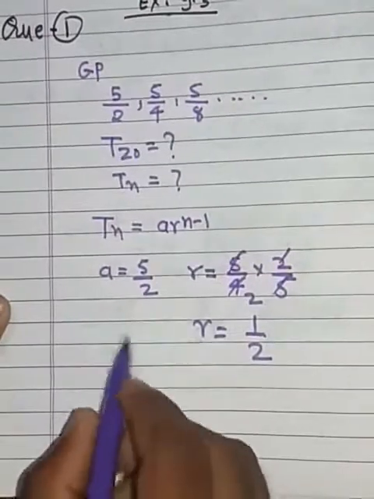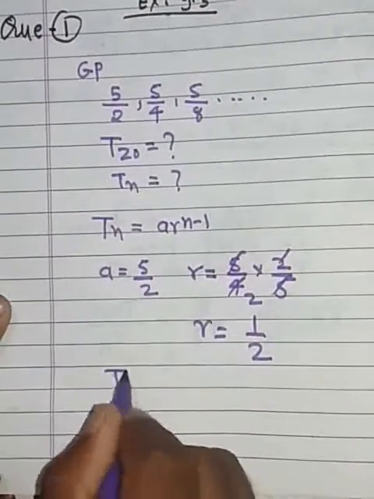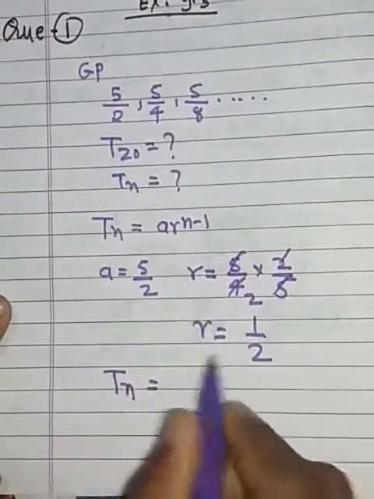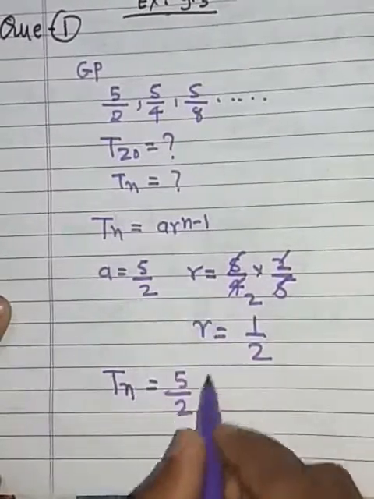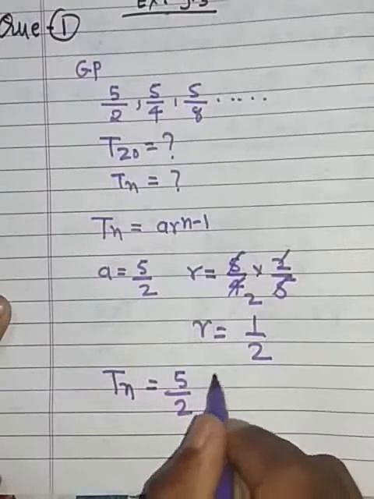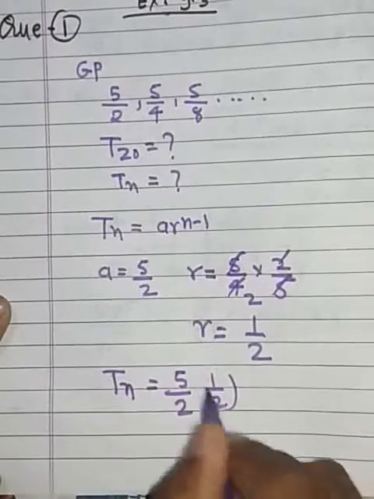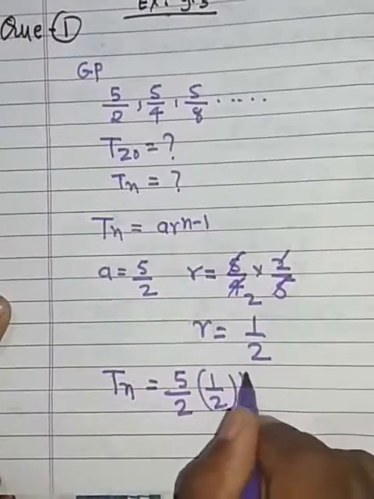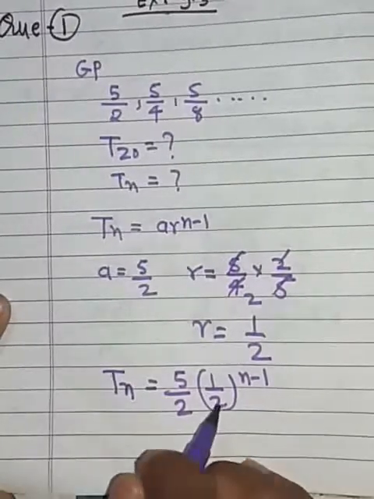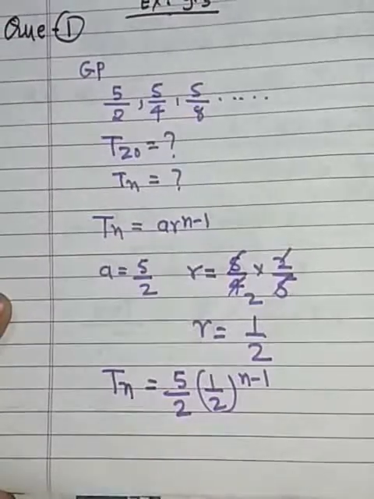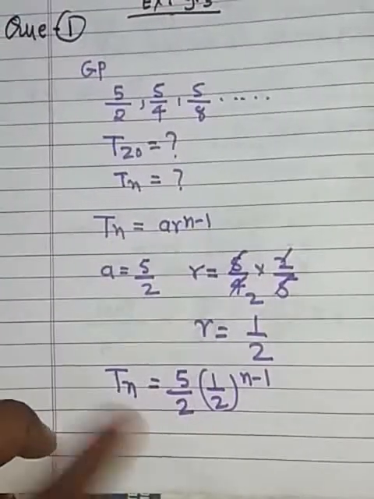Then putting these values to find Tn, we write Tn is equal to a, we got 5/2, into r, meaning 1/2, to the power n minus 1. This will be the answer for the Tn of this GP.